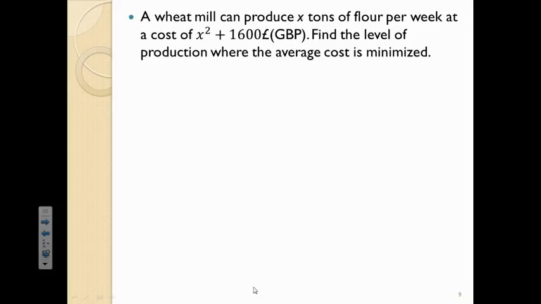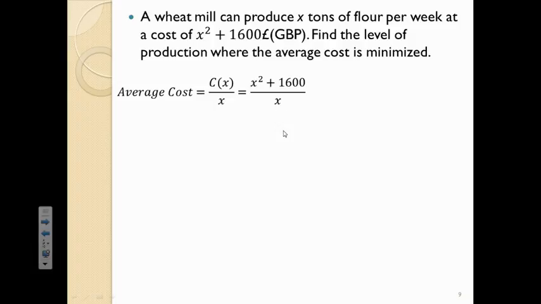Now, in using the average cost function, here's a problem. A wheat mill can produce x tons of flour per week at a cost of c of x Great British pounds. Find the level of production where the average cost is minimized. Well, we know the average cost is c of x over x, and we're given what c of x is. It's going to be x squared plus 1600 divided by x.